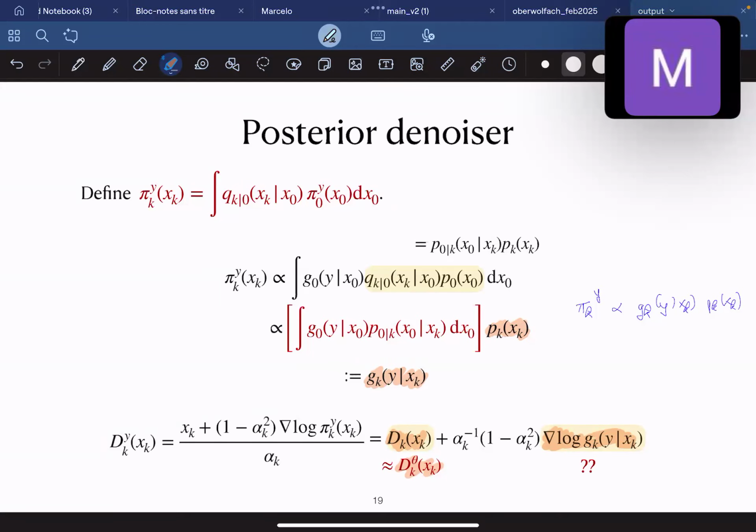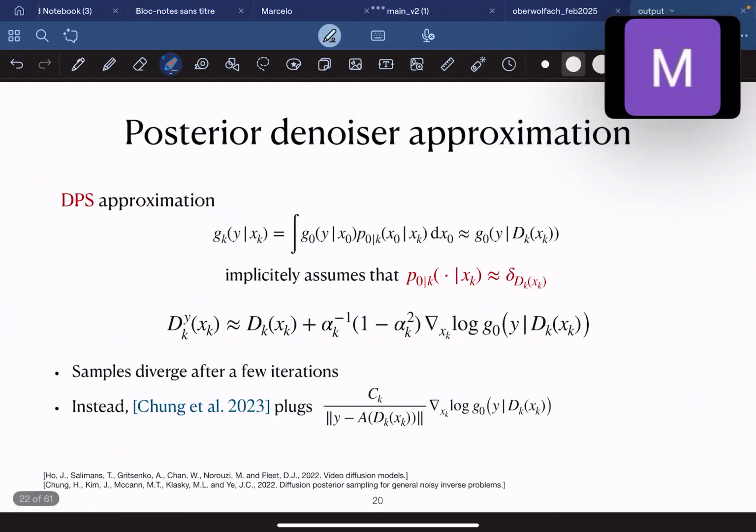Here, the idea is to use the same type of approximation as DPM. So the idea is to look at the pseudo-likelihood g_k in the eyes. You can write the pseudo-likelihood at iteration k, as I was saying, as the integral of my original likelihood, my observation given x_0, times the conditional density of x_0 given x_k, where this conditional density is with respect to my original pre-trained model.